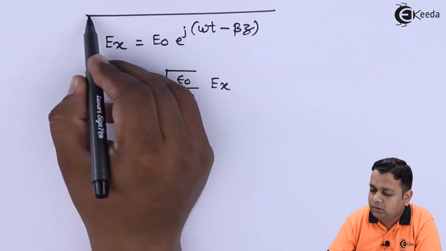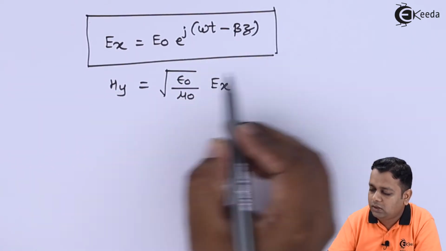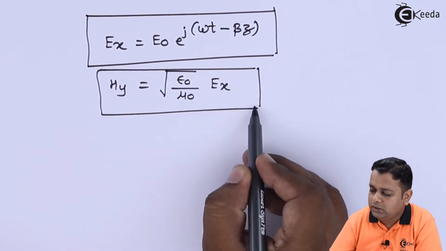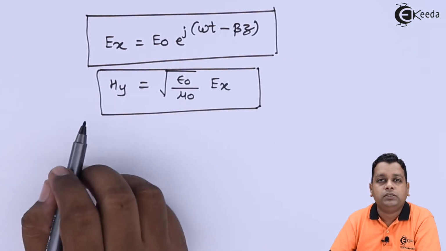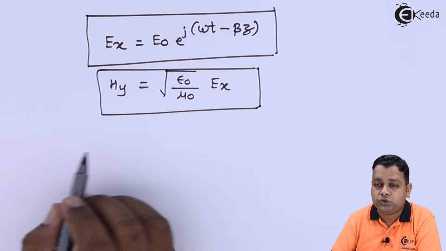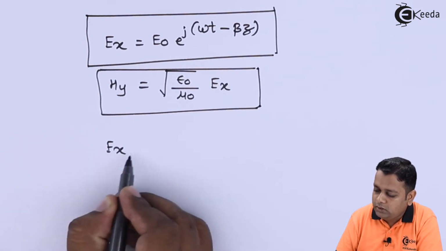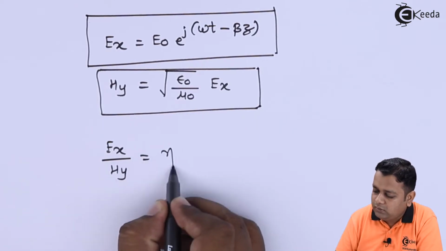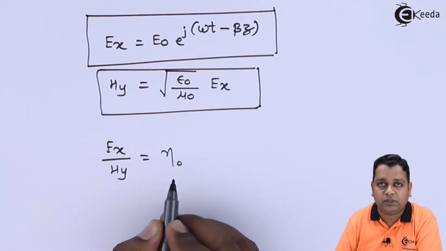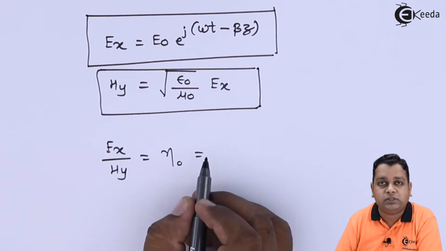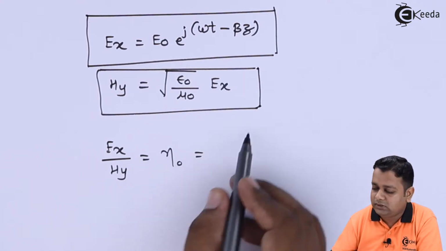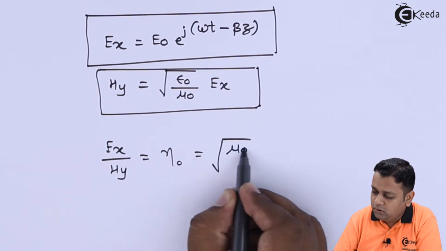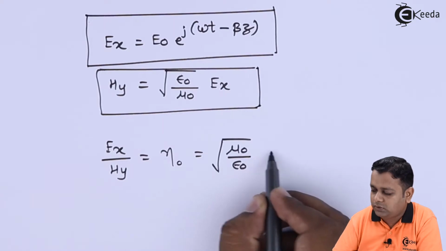I outline these two equations, which are very useful to us. From these two equations, if we take the ratio Ex divided by Hy, it can be represented as eta suffix 0. Eta 0 is the intrinsic impedance, and from the above formula we can simply write it as the square root of mu 0 divided by epsilon 0.